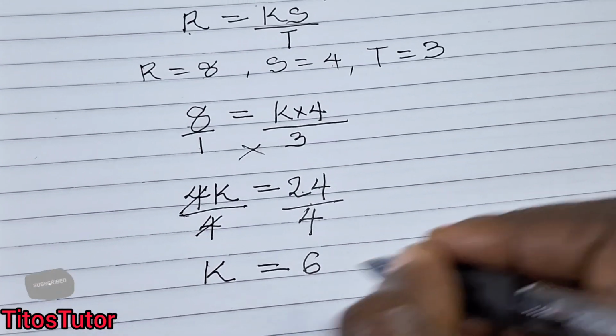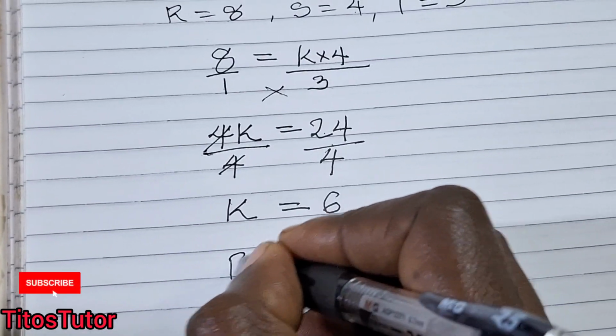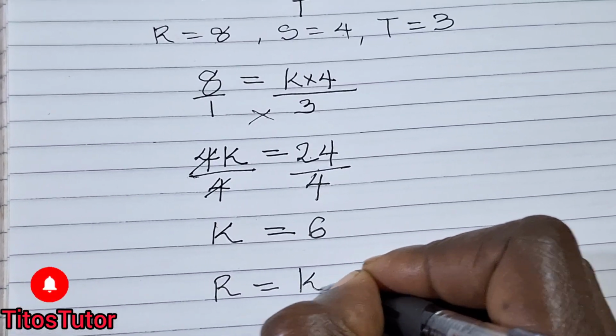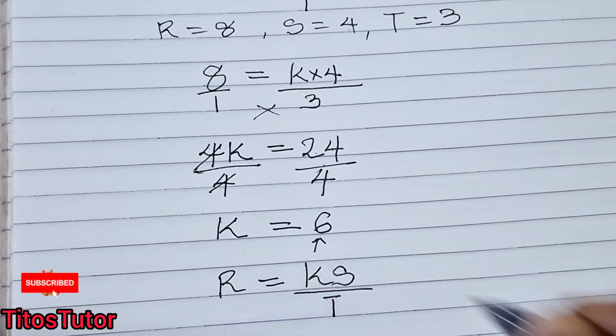So R, remember, R is equal to KS over T. Now I know what K is.